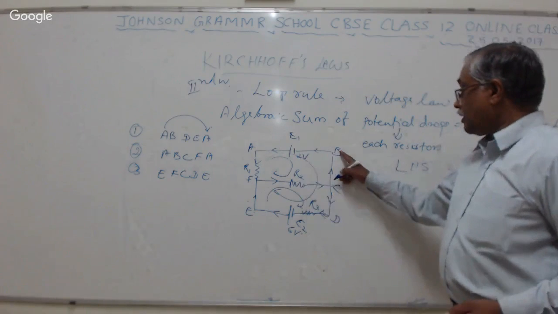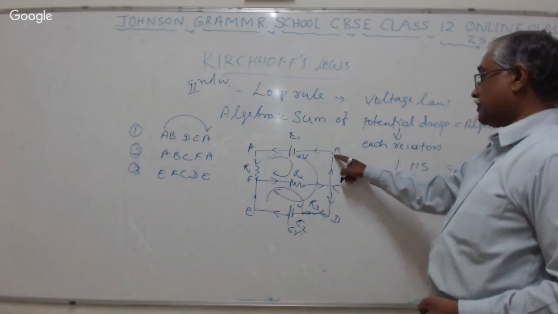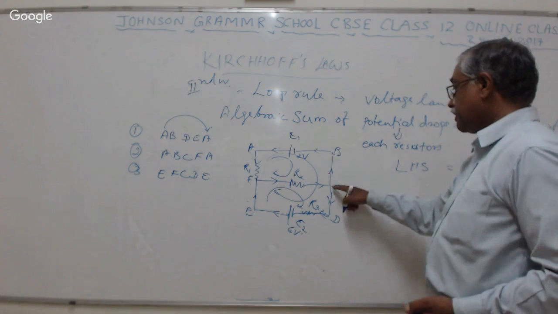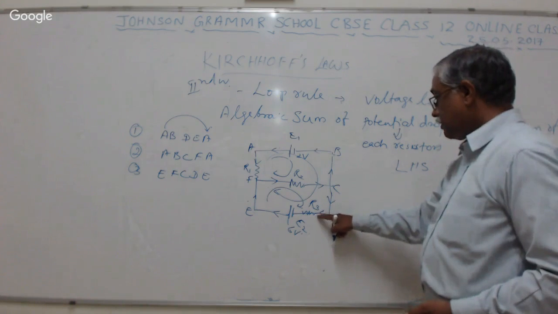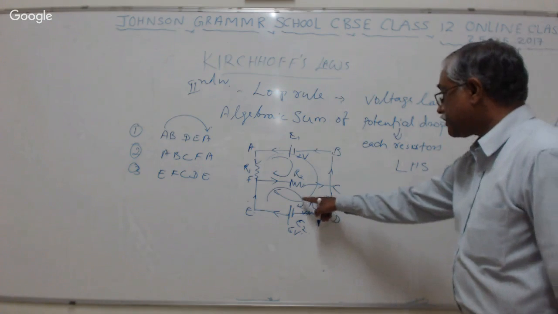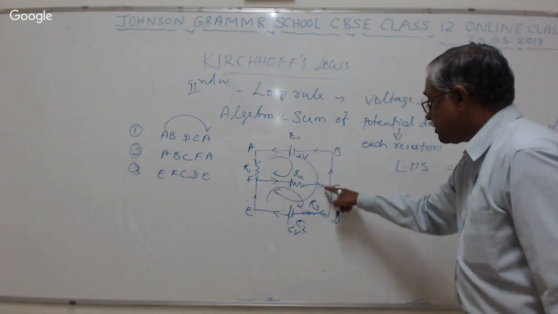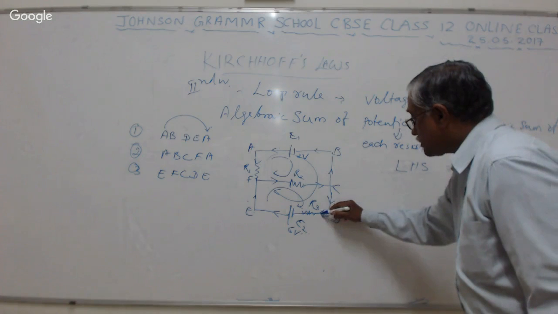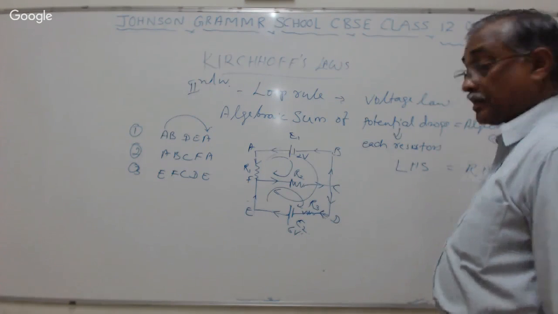Here there is one cell, here nothing is there, and here nothing is there. Here there is one resistance. So what is the value? You have taken this direction, so you are moving against the direction of current flow.